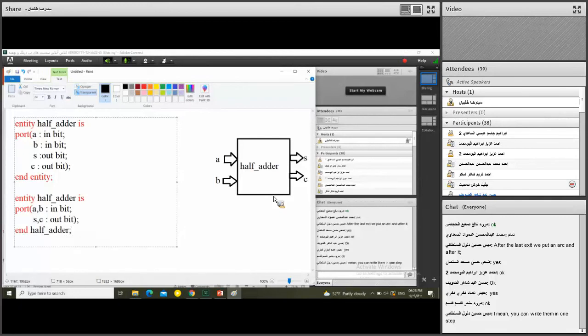We don't have a special step where we write the entity definition and description all in one step. We can write them in two steps. The first step is here, entity definition. The second step, I will tell you, is entity description. Do you understand?